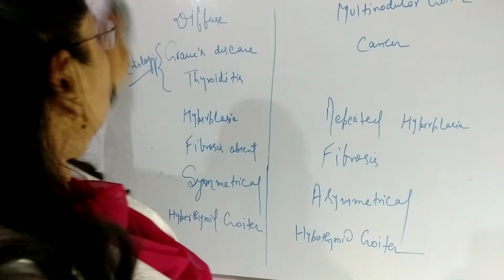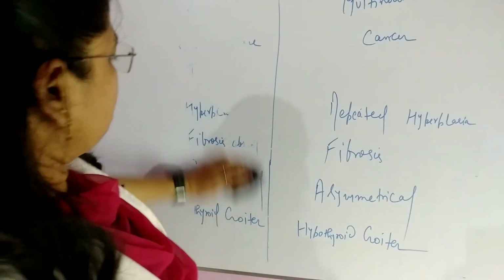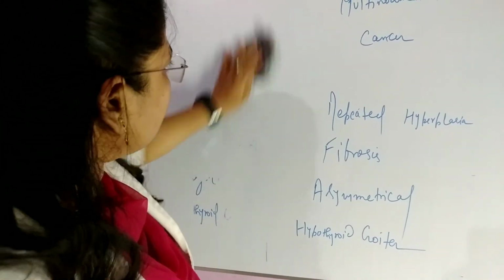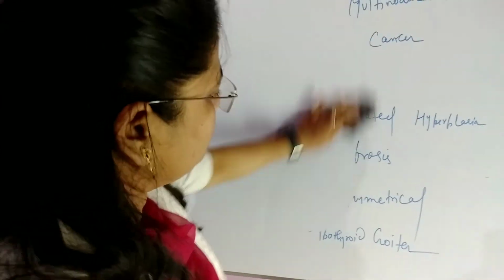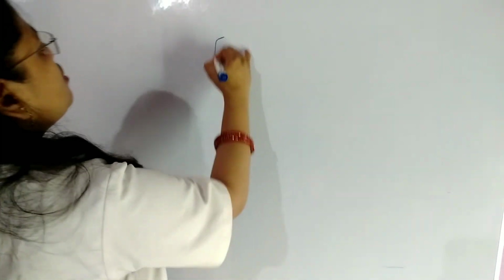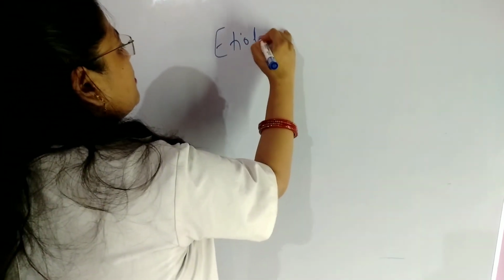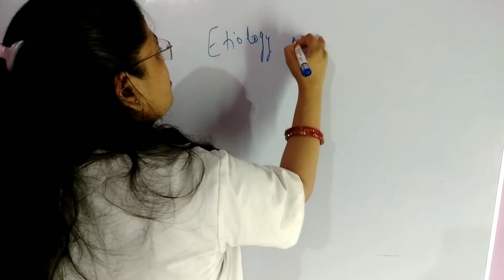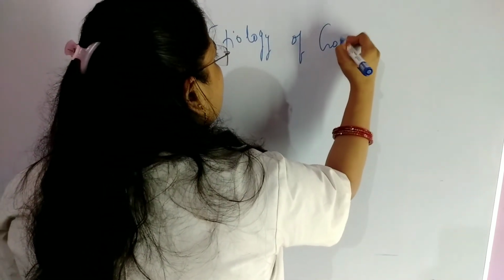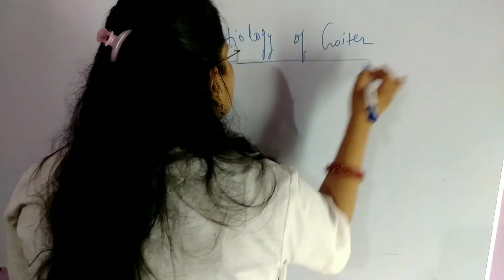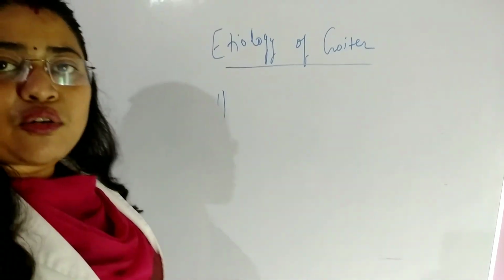Now as a whole, if you discuss the etiology of goiter, it requires 4 to 5 points to understand. First etiology is lack of iodine.